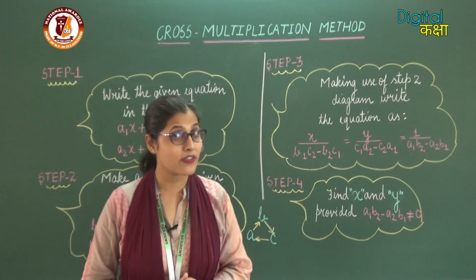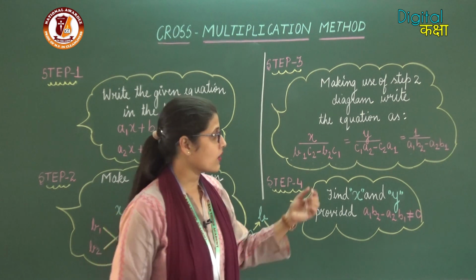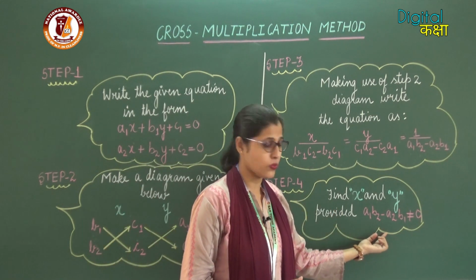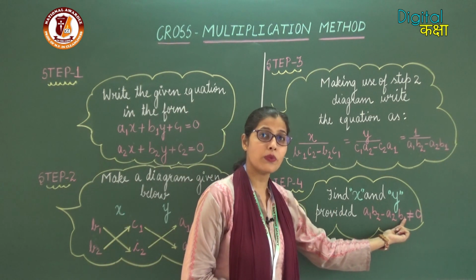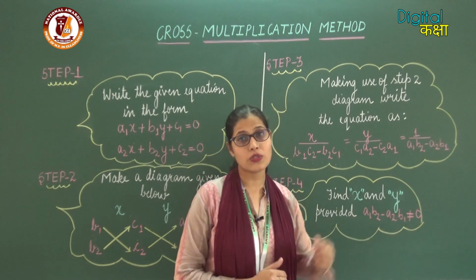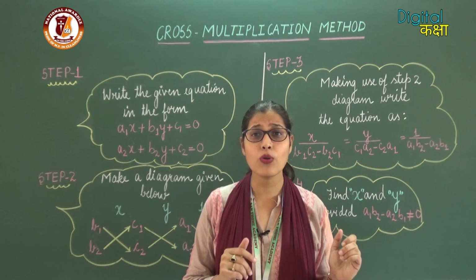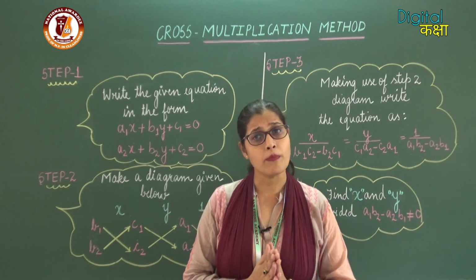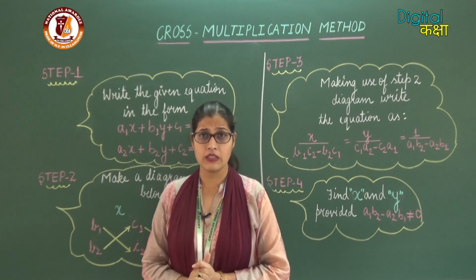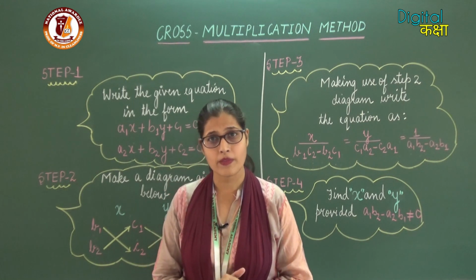But you should remember that the value of A1B2 minus A2B1 should not be equal to 0. The question arises, why is the value of A1B2 minus A2B1 not equal to 0?